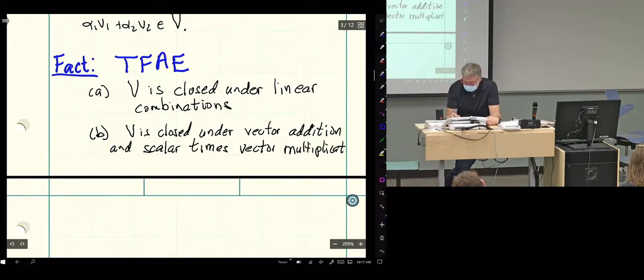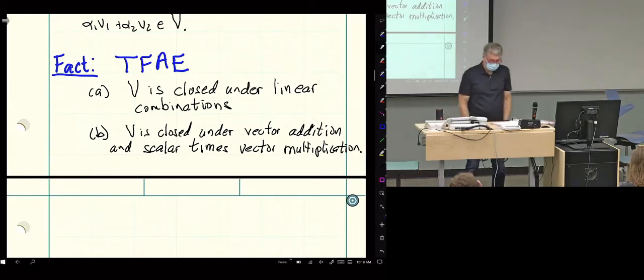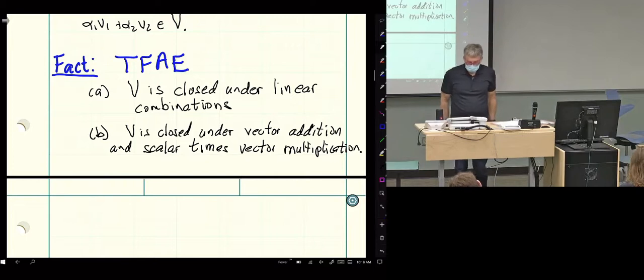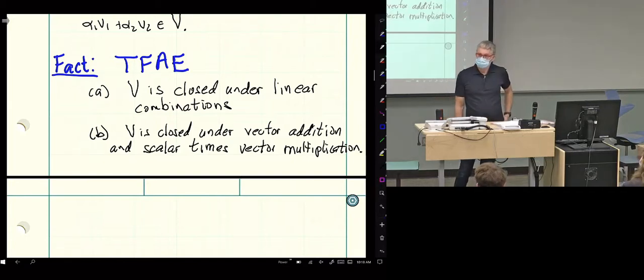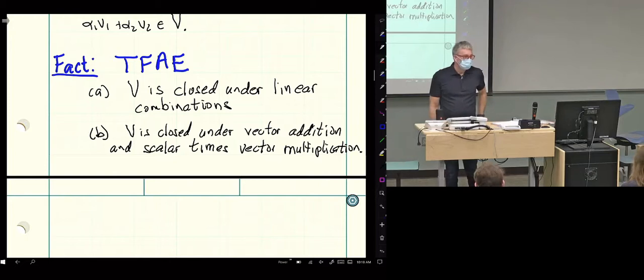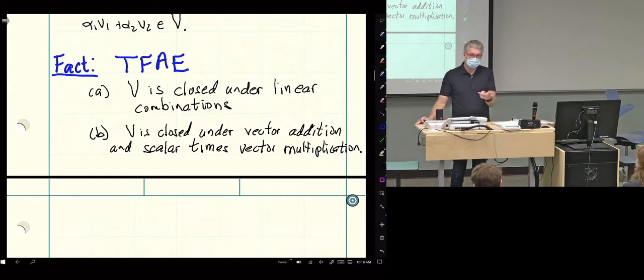It's your choice. Completely equivalent. Which one do I use? Both. It's a trick question. It depends on the setting. Especially if I'm trying to show something is not a subspace, I just have to find one of those properties that fails, and I just use it.